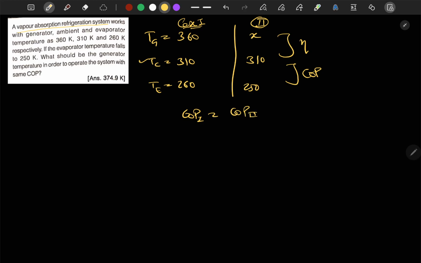In this case, 50 upon 360 into the lower temperature 260 upon the difference 50 is equal to COP2. For COP2, we get (310 minus x) divided by x, into 250 upon 60.